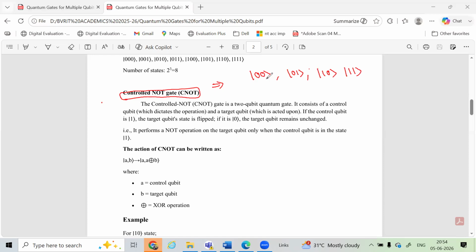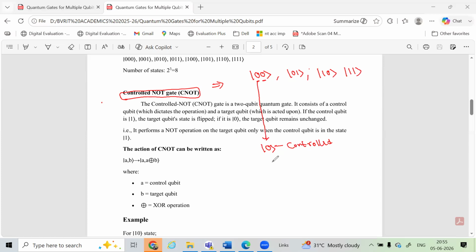In these two values, one is related to the first qubit, another is related to the second qubit. First, try to understand that the first value is related to the controlled qubit, and the second value is related to the target.